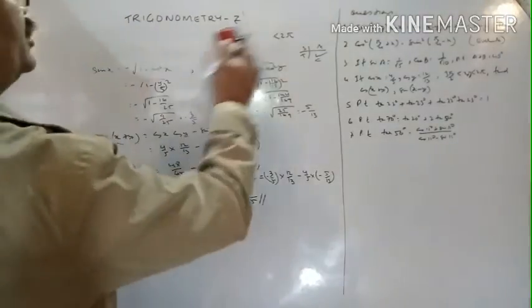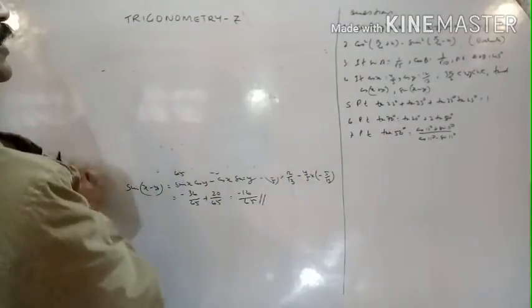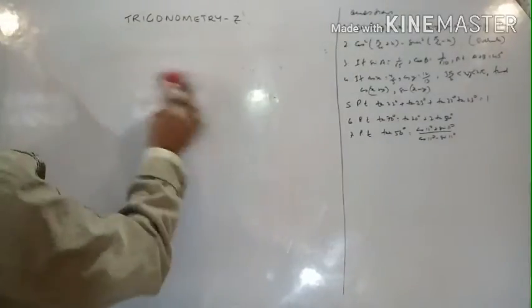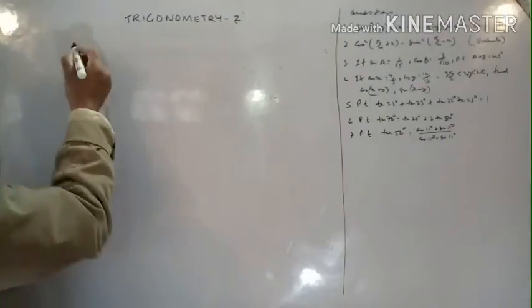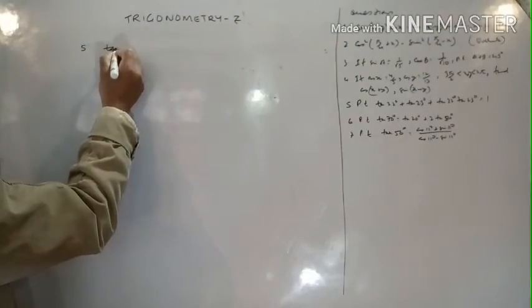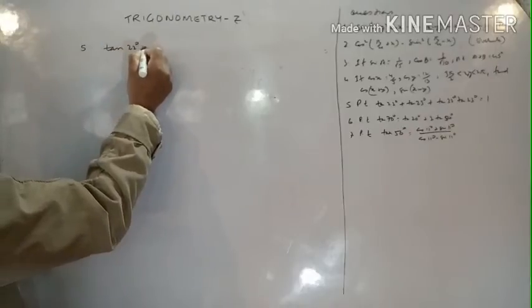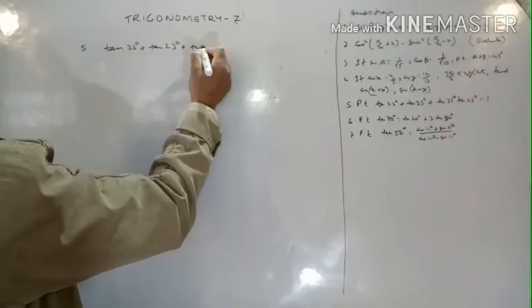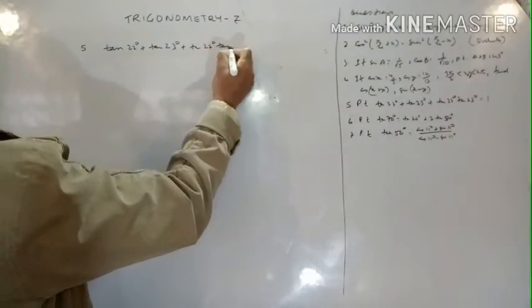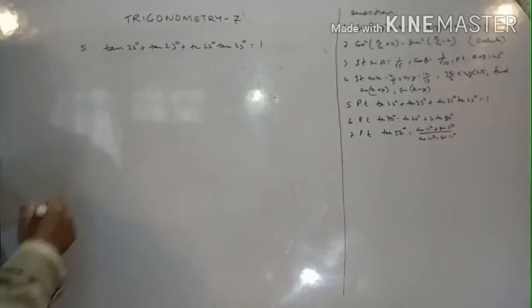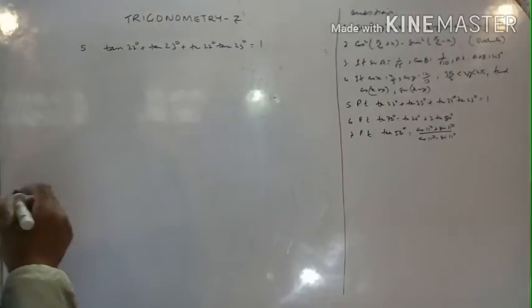Now question number 5. We have to prove that tan 22 degree plus tan 23 degree plus tan 22 degree tan 23 degree equals 1.